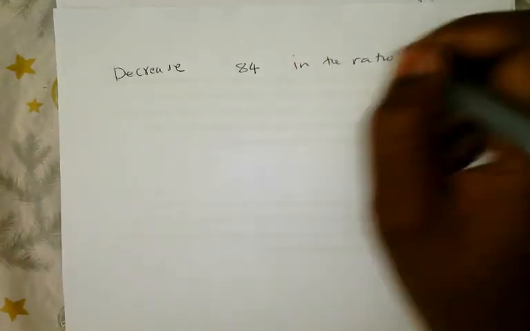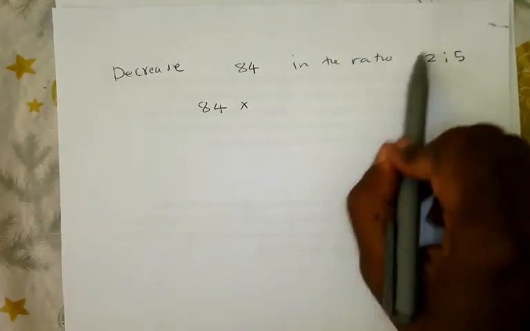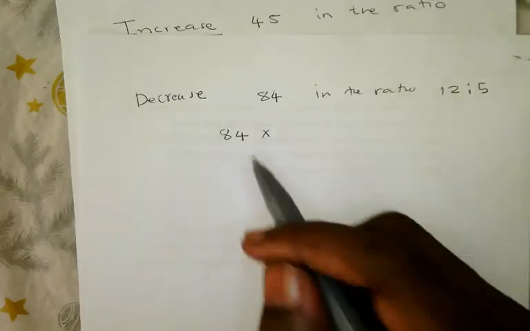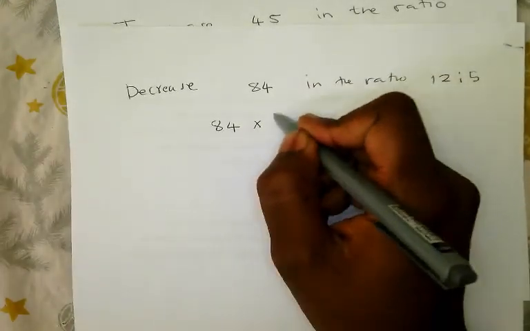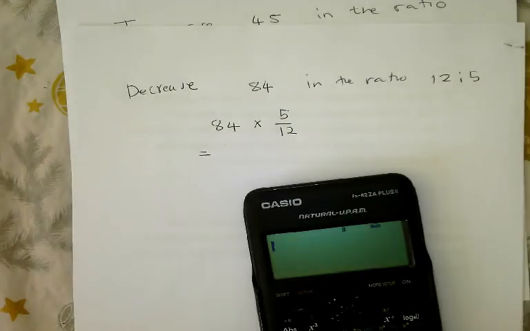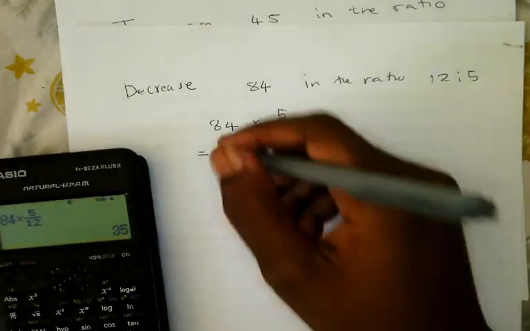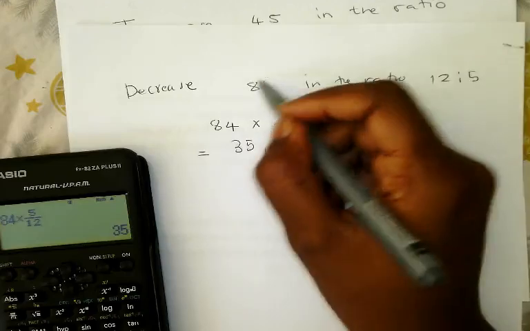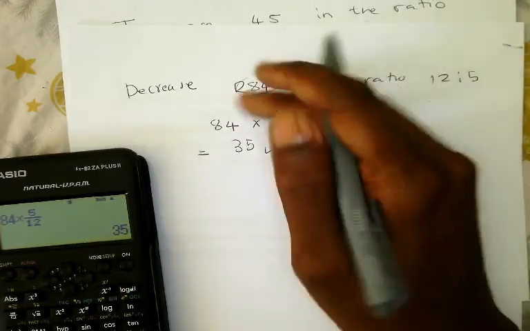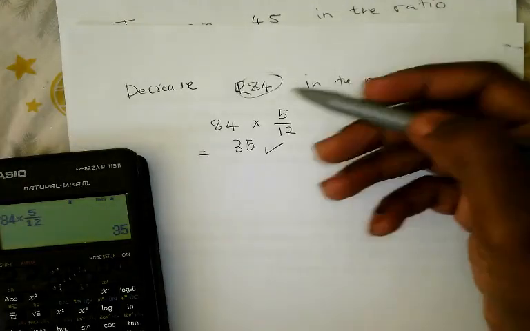The bigger one goes on top, which is 5/12. So 84 multiplied by 5/12. And then you write your answer like 35. So the number has to decrease. If they are saying a price of a certain item is being decreased in this ratio, meaning that will be the new answer. So it should go down, it should decrease.